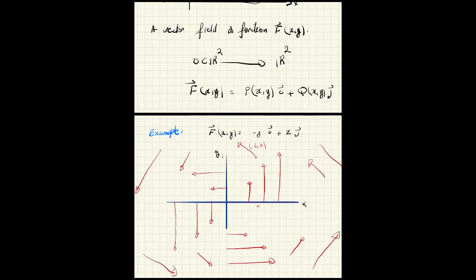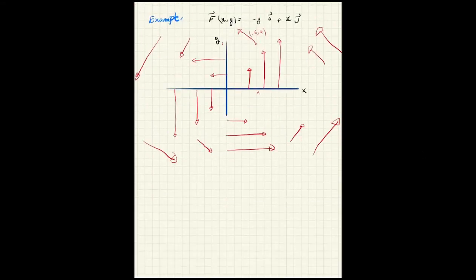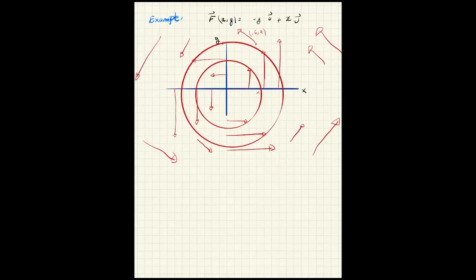So actually, these vectors are tangent to these circles.